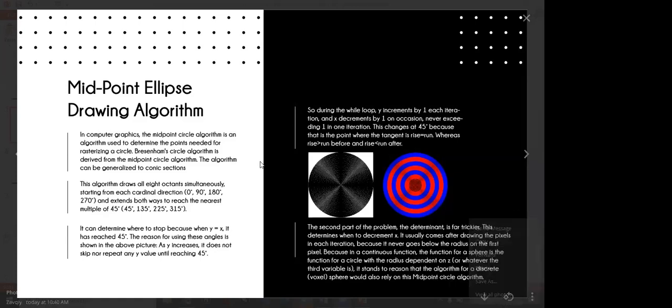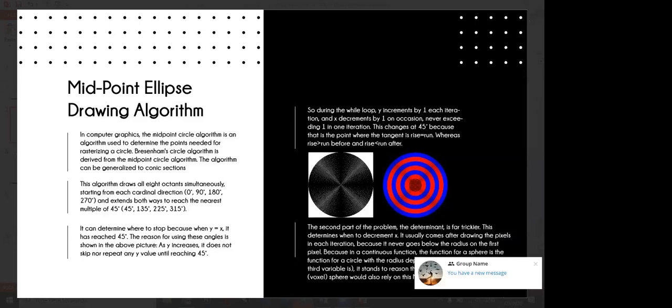So, about the midpoint circle drawing algorithm, how is it going to look and how are we going to draw it? We have a formula that works for every circle line, and there are differences with the ellipse line and the straight line.